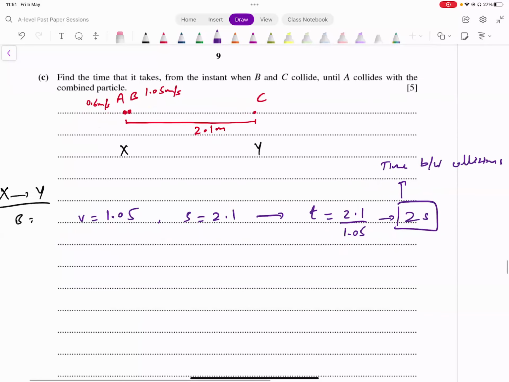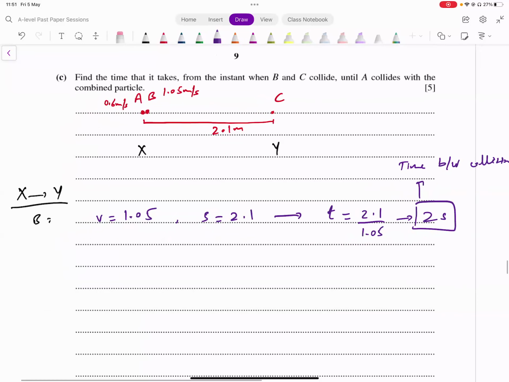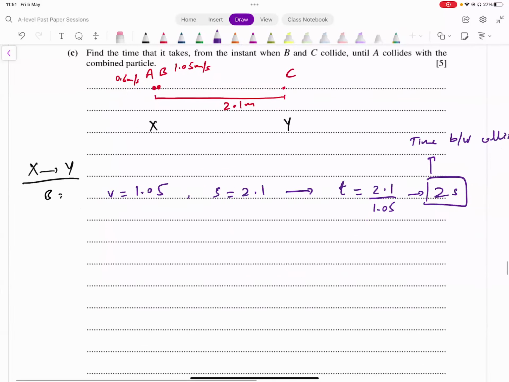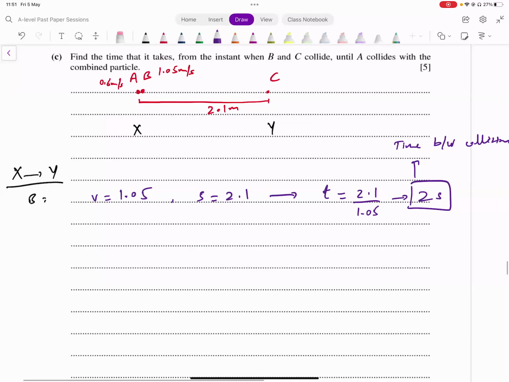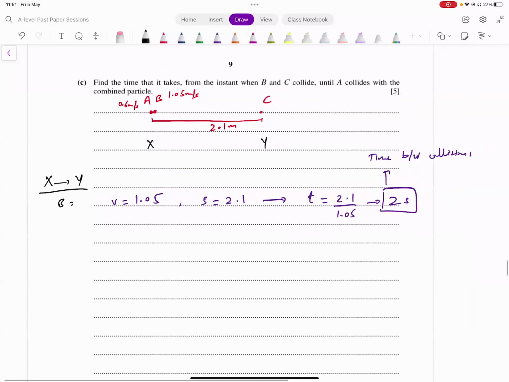अब हमने फाइंड करना है इतने टाइम में A भी तो राइट में मूव कर रहा था, तो A कहां पे पहुंच गया है, मूव करते करते A किस पॉइंट पे पहुंच गया. इन 2 seconds के अंदर A कहां पे पहुंच गया, ये फिगर आउट करना. टाइम इक्वल्स 2.